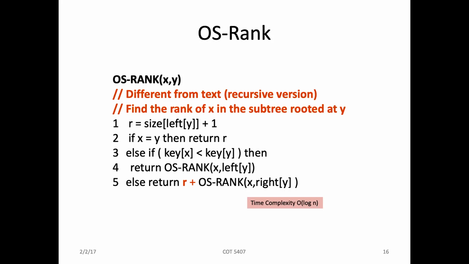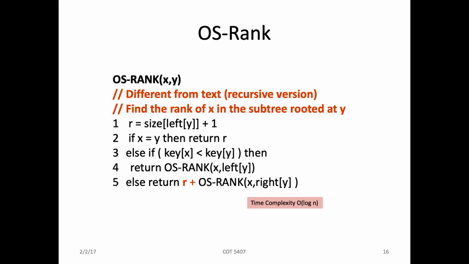If it is smaller than the root, we recursively search in the left subtree and say, forget about the rest of the tree. I'll just solve the rank problem in the left subtree. And life is easier because it's a smaller subtree. If it is larger than the root, it's still easy.